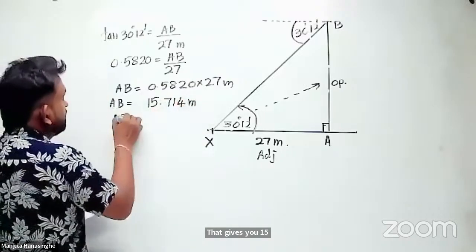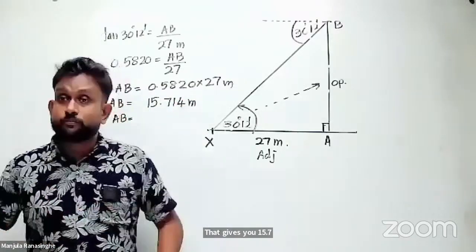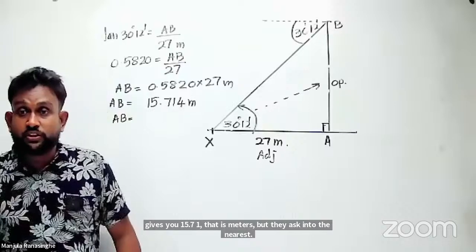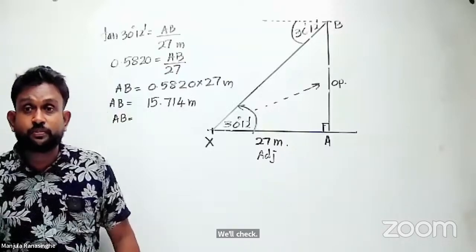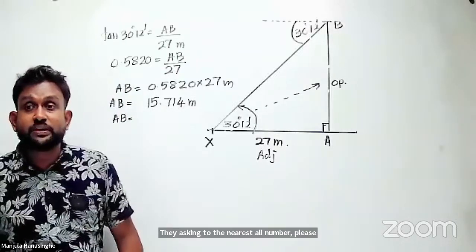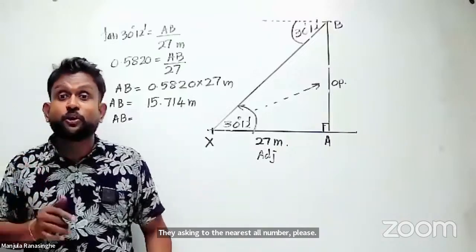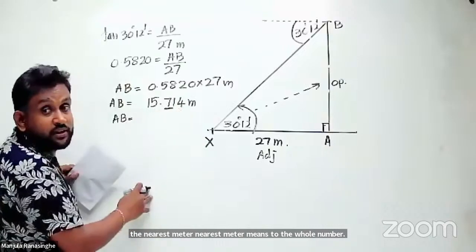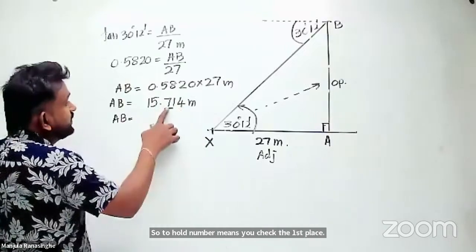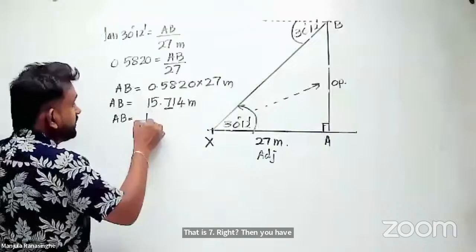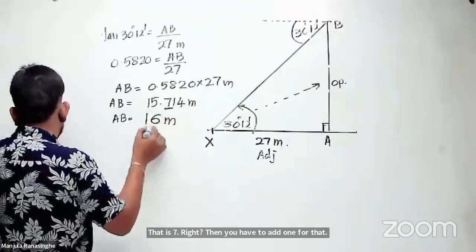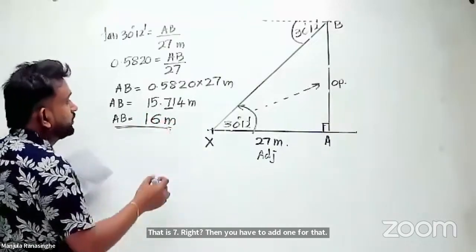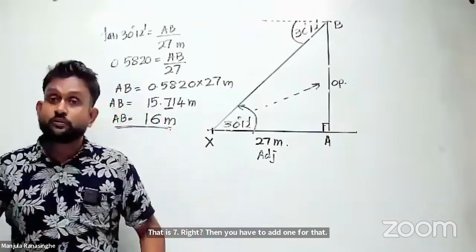But they ask for the nearest meter, which means a whole number. So you check the first decimal place, that is 7, then you have to add 1 to the whole number. That means 16 meters. AB equals 16 meters.